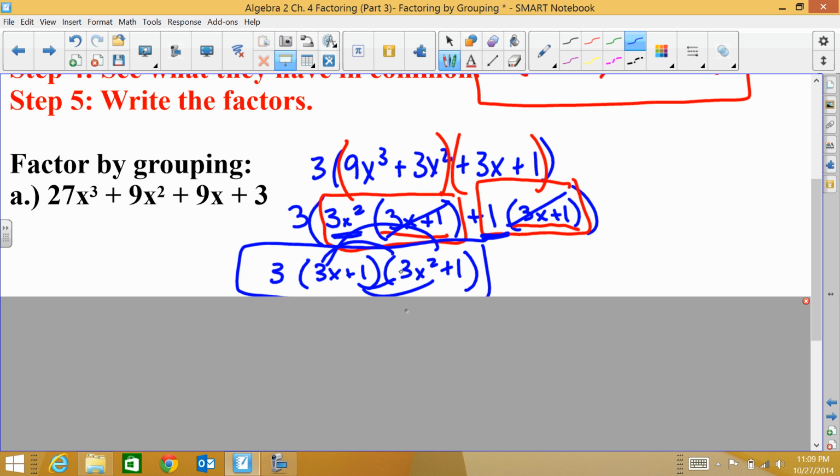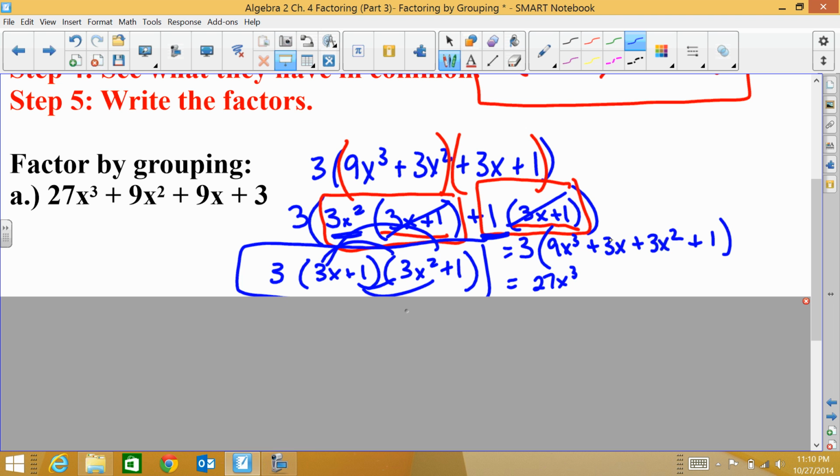So 3x times 3x squared would be 9x cubed. 3x times 1 would be 3x. 1 times 3x squared would be 3x squared. And 1 times 1 would be 1. Then I have all of that multiplied by 3. So if I multiply this out, and I do it in order, 3 times 9 would be 27x cubed.